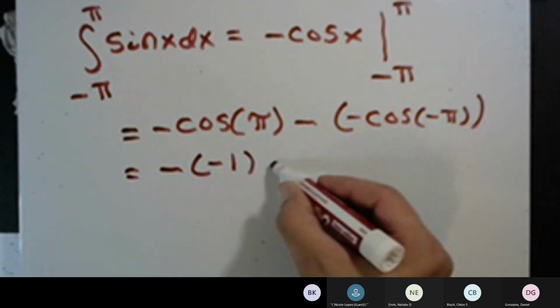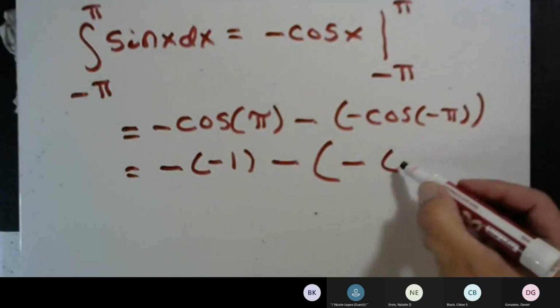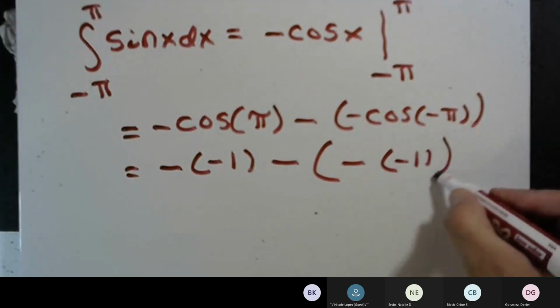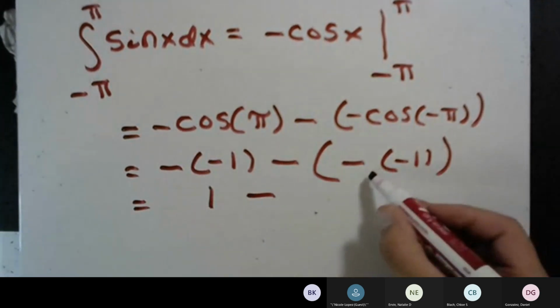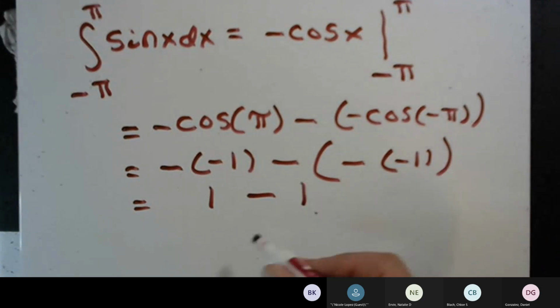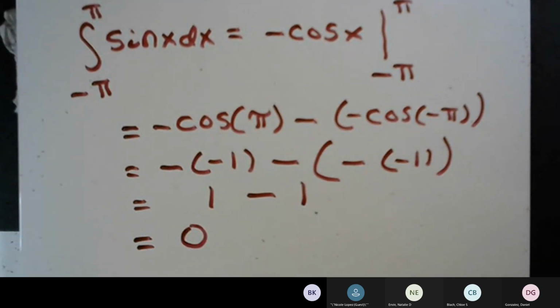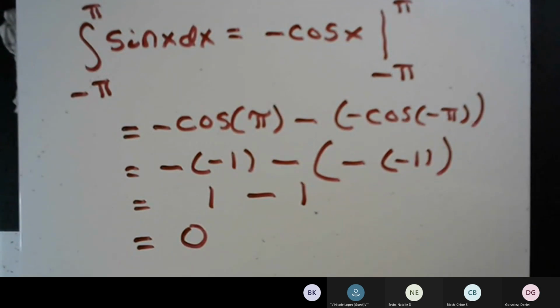Negative negative 1 minus negative negative 1, a bunch of negatives. 1 minus, this becomes positive, 1 minus 1, and sure enough, we get 0.